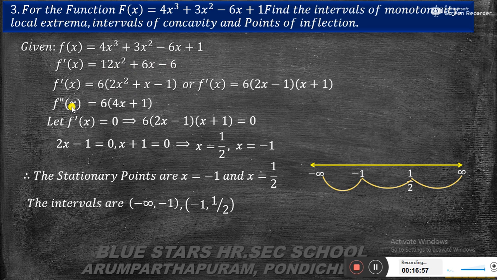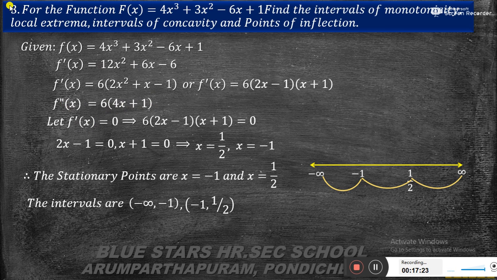Next, f''(x): you differentiate 12x², the derivative of x² is 2x, so 24x + 6. Taking 6 from the terms, the remaining factor is 4x + 1. Therefore f''(x) equals 6 times (4x + 1).